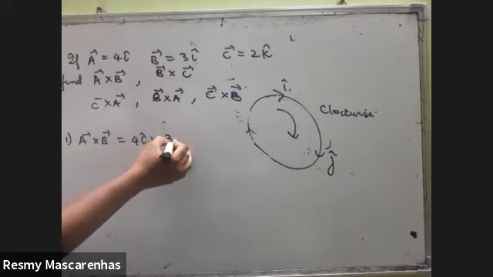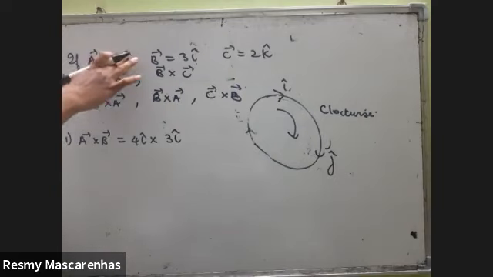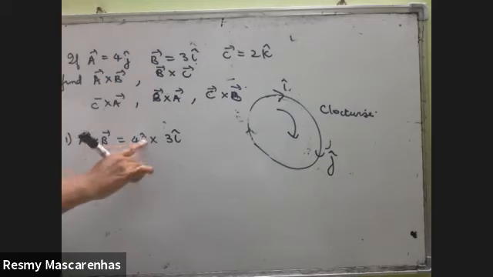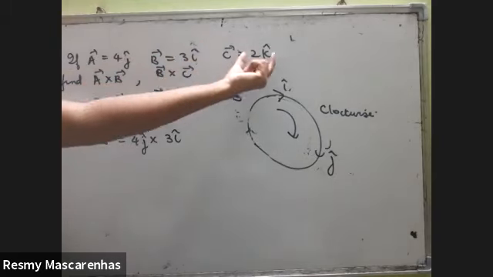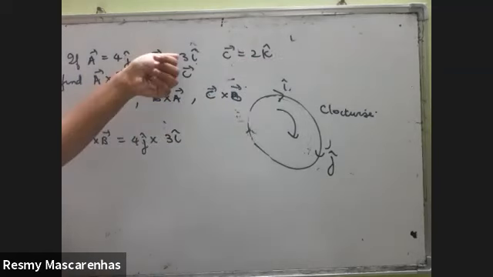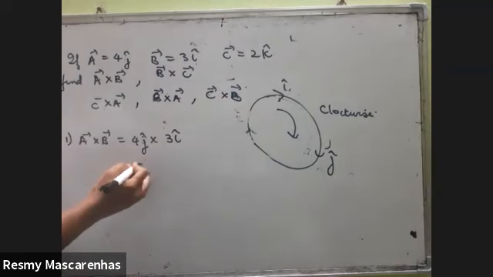B is j, just this fellow is j. Just use j here. This type we can do, direct substitute, if there is only a single letter at a time, not a combination of i, j, and k. Now these numbers always get multiplied: 4 into 3 will give me 12.